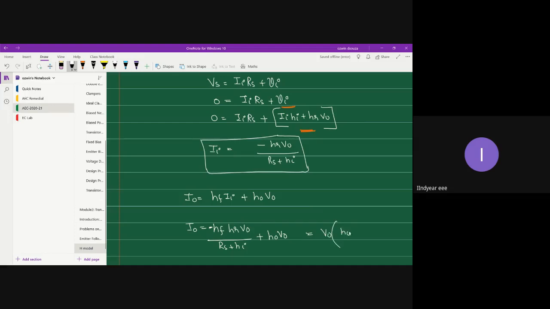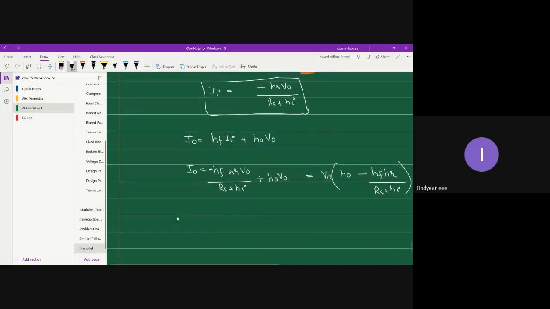So you will have H naught minus HF into HR divided by RS plus HI. You can take out the LCM. So I naught is equal to V naught times H naught into RS plus HI minus HF into HR divided by RS plus HI.